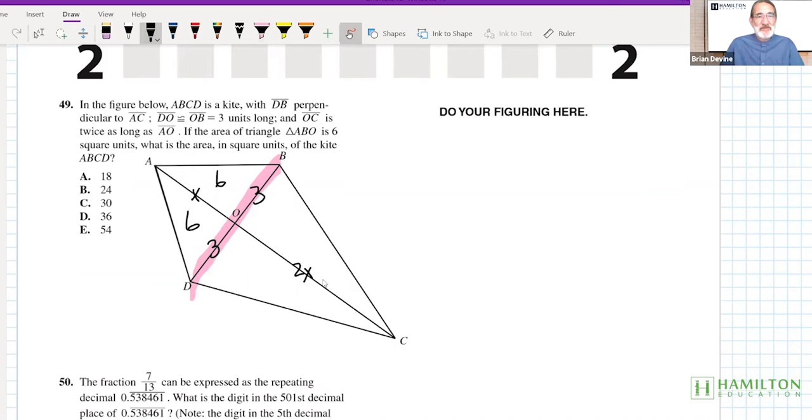Well, what that tells me is that this must be twice the area of AOB, and that must be twice that area. So now I know right away that the area of the kite must be 12 plus 12 plus 6 plus 6, which is 36.